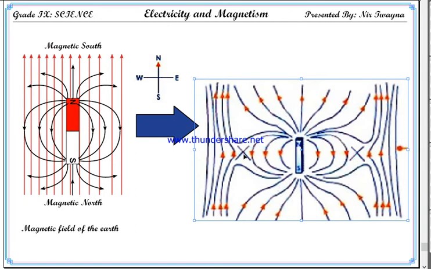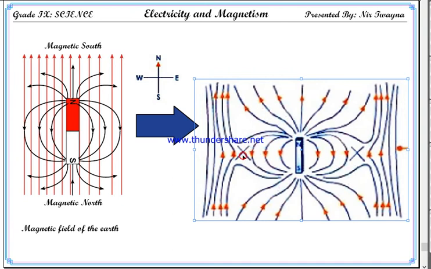So at this point you can see the magnetic line of force of the magnet is moving downward and that of the earth is moving upward, so since they are equal in magnitude at this particular point, the magnet does not show any particular direction. Okay, understood?